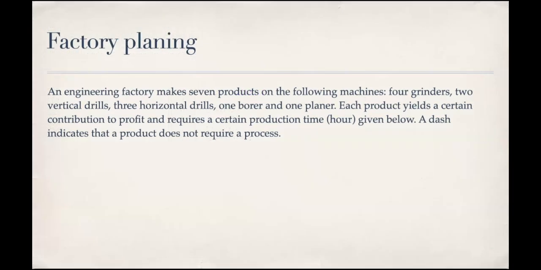The next problem is factory planning. An engineering factory makes 7 products on the following machines: 4 grinders, 2 vertical drills, 3 horizontal drills, 1 borer, and 1 planer.